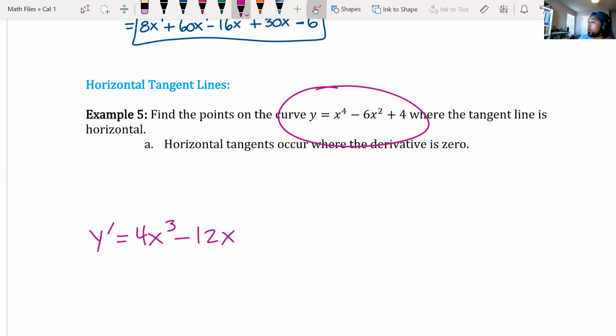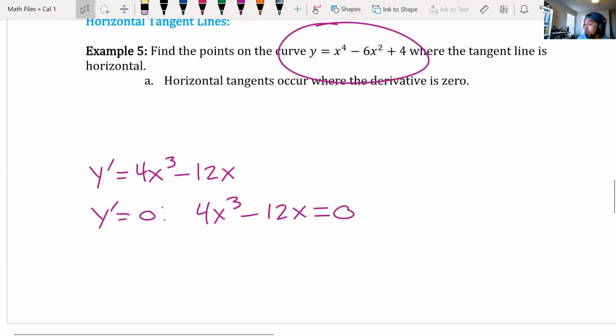And what's the derivative of 4? 0. Excellent. So there's our derivative. Now, if we want to find out where horizontal tangents occur, we take our derivative and set it equal to 0. So y prime equals 0, and we get 4x cubed minus 12x equal to 0.